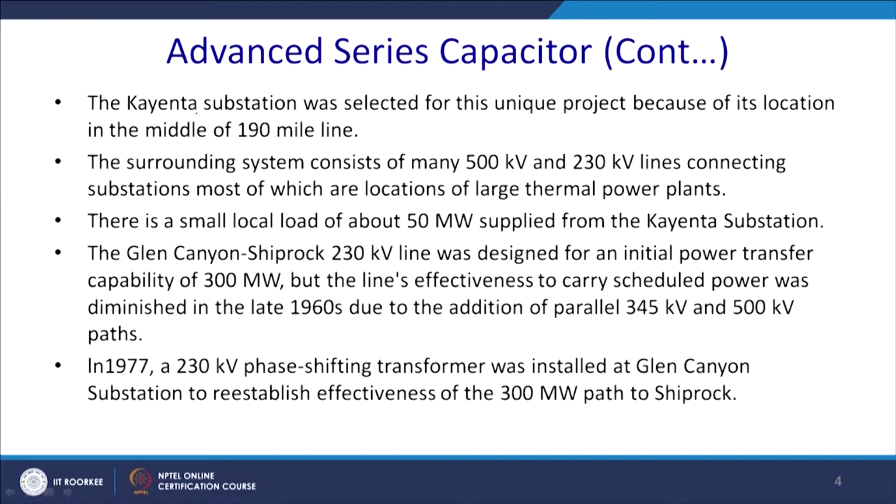The Kayenta substation was selected for this unique project because of its location in the middle of the line, the middle of a 190 mile or 400 kilometer line.